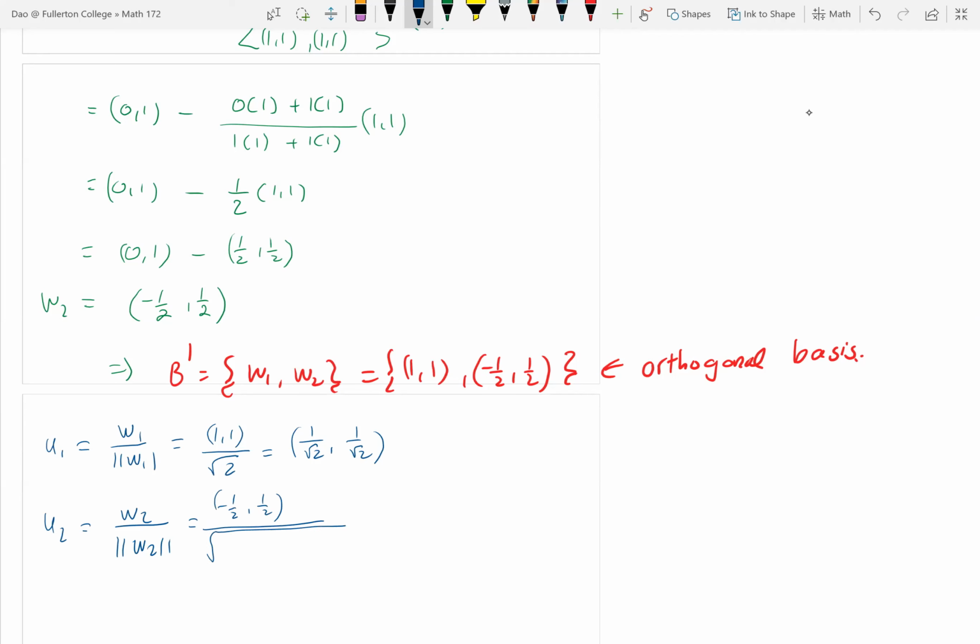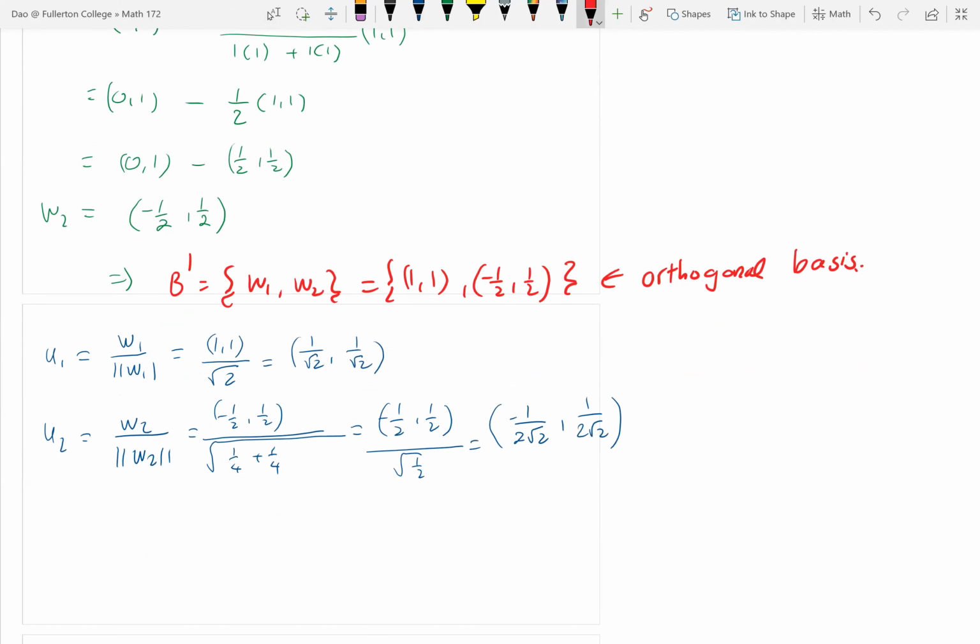divided by the square root of 1/4 plus 1/4. So this is (negative 1/2, 1/2) divided by the square root of 2/4, which is 1 over radical 2. So there you go. So you get negative 1 over 2 rad 2, 1 over 2 rad 2.